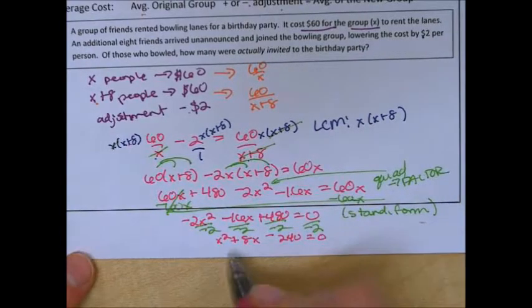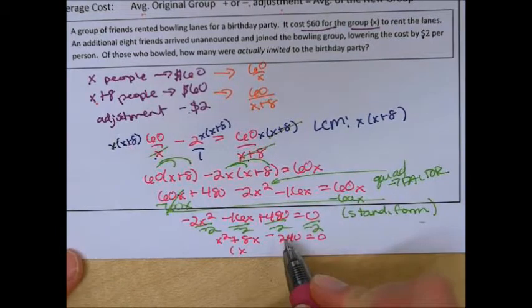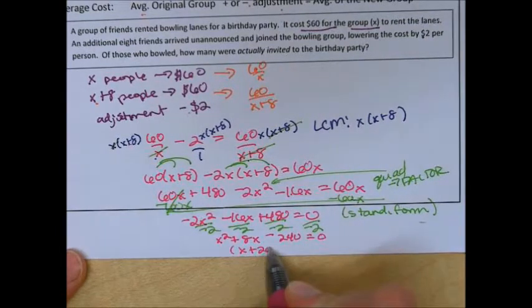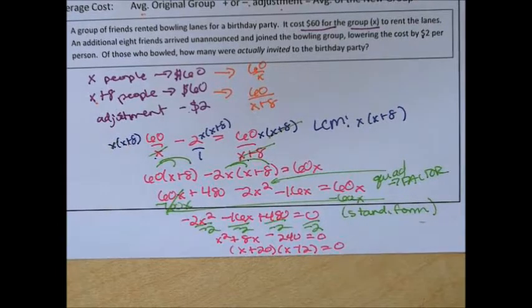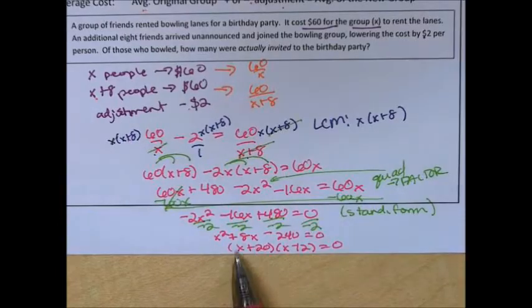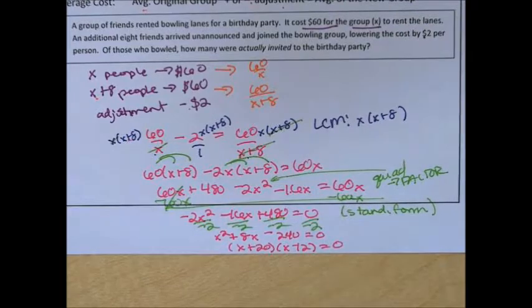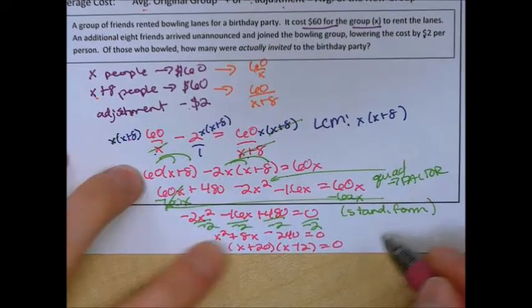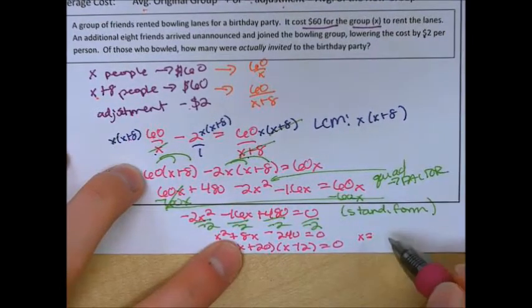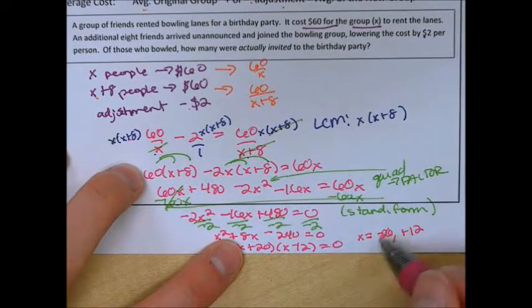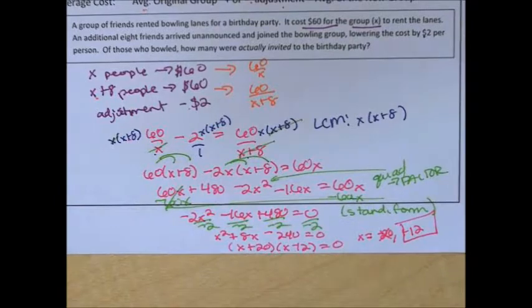And I think 20 and 12, X plus 20, X minus 12. See, 20X minus 12X gives us a positive 8. So what do we get as our answer? X equals negative 20, positive 12. We're not going to have a negative 20, so our answer is 12 people.